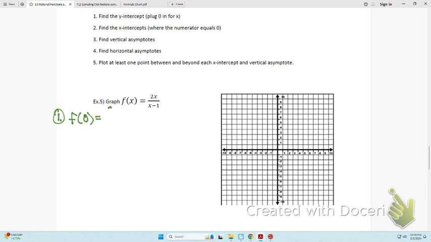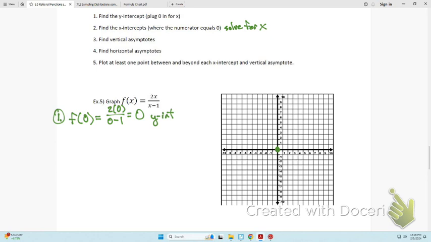So I plug in 0, and I end up with 0 over -1, which is just 0, and that is my y-intercept. So we're going to make a dot on the 0.